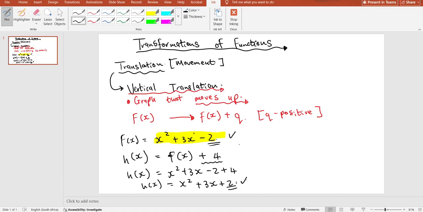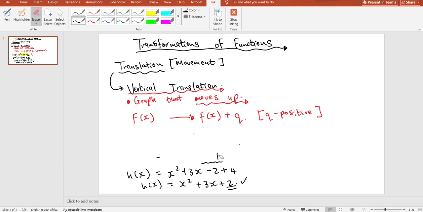So it actually moved 4 units up. So that is a vertical movement that moves up, and this is how you're going to find the new graph. Then let's look at how a movement could be going down, and how we find the new graph for that.